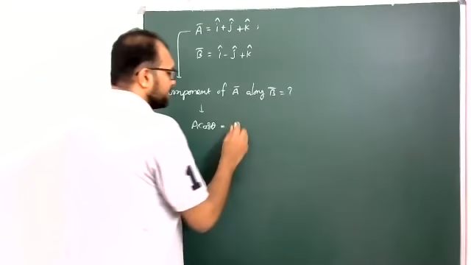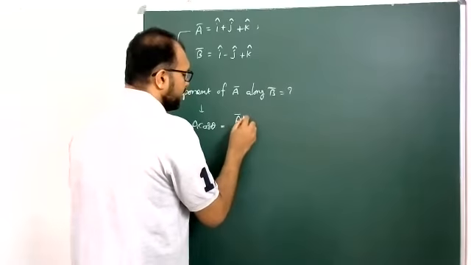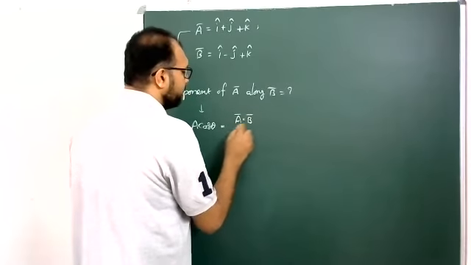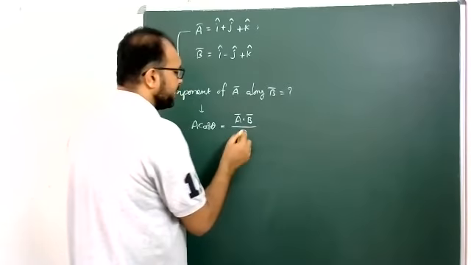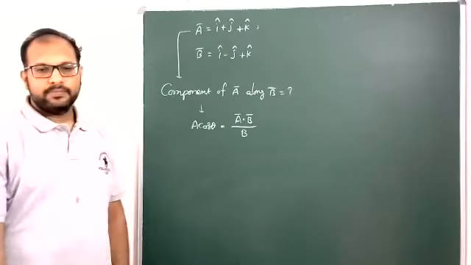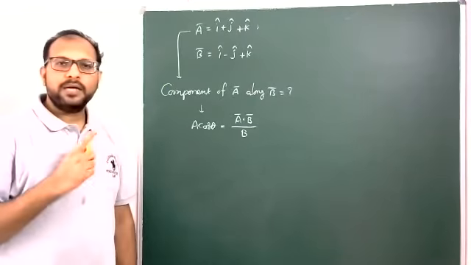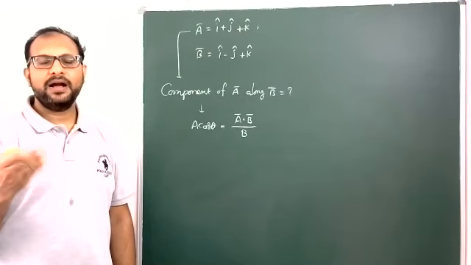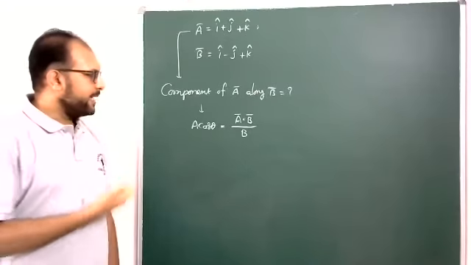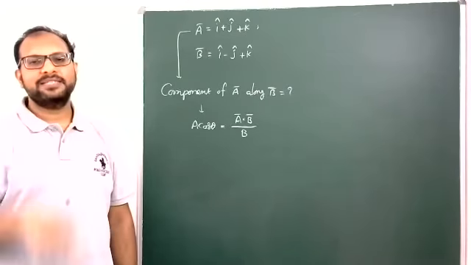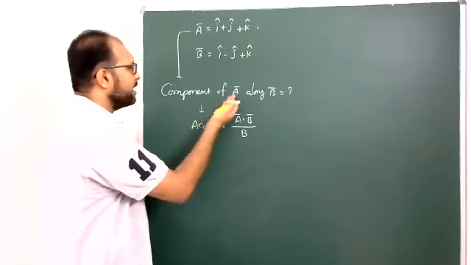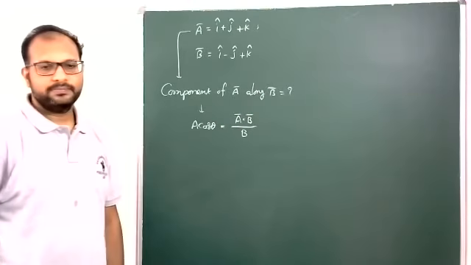But this A cos theta we can find out from A bar dot B bar divided by B, because A bar dot B bar is AB cos theta. Then B, B cancel out, and you will get A cos theta again. This is the component of A bar along B bar.